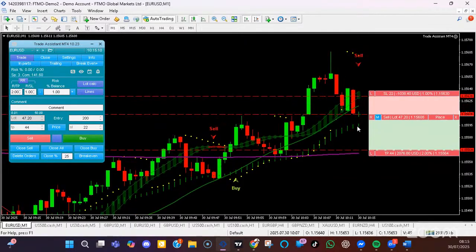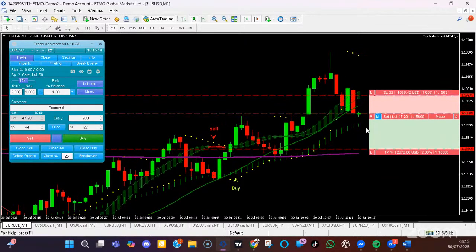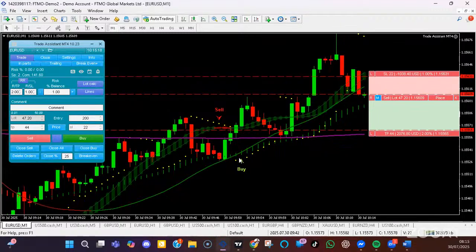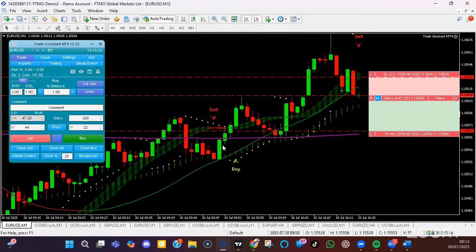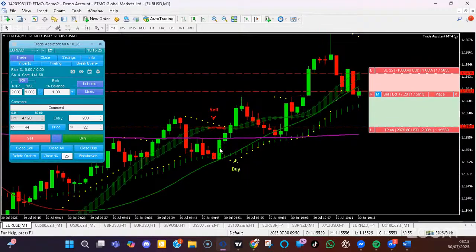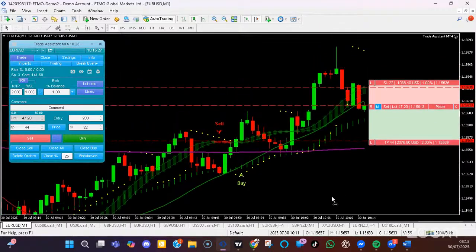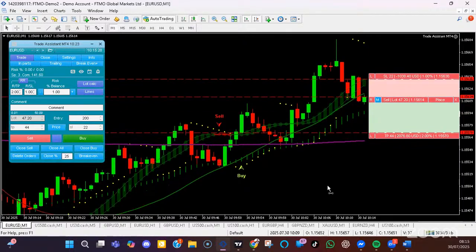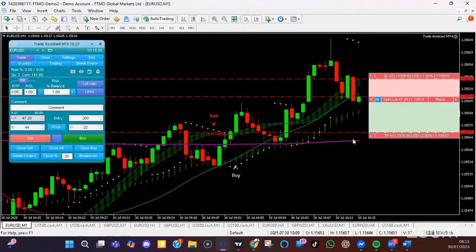But this is where I want my stop loss. I've got to be careful because there's a little bit of imbalance here, just underneath on this candle. But will price bounce or break off this purple line?